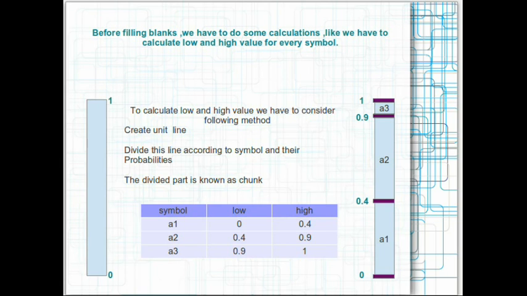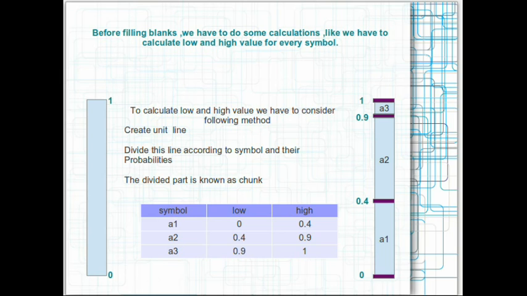Now the next task is to divide this line into three parts, because we have three symbols A1, A2, A3. The resultant line has the numbers 0, 0.4, 0.9 and 1. How do these numbers come here?